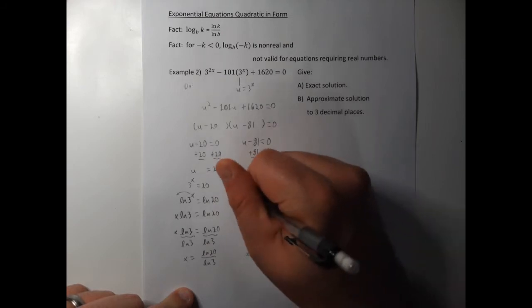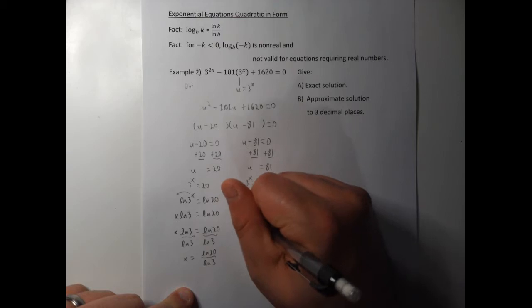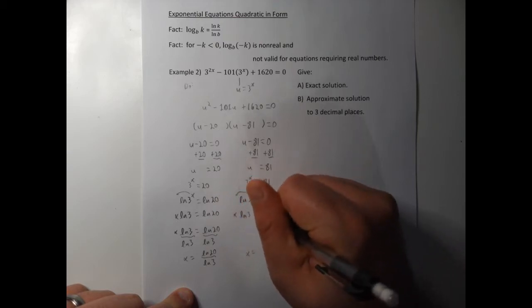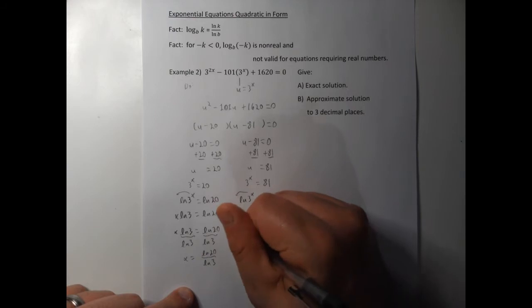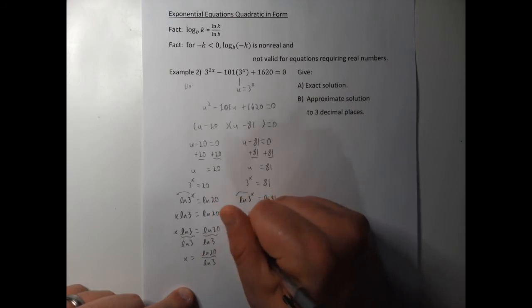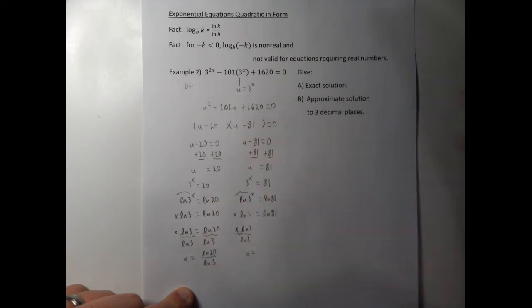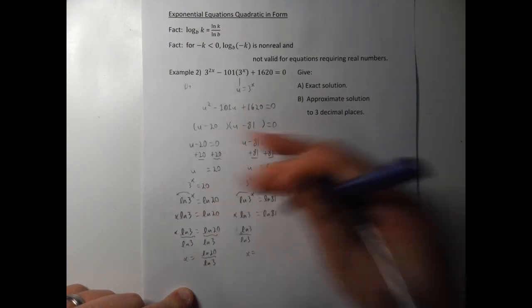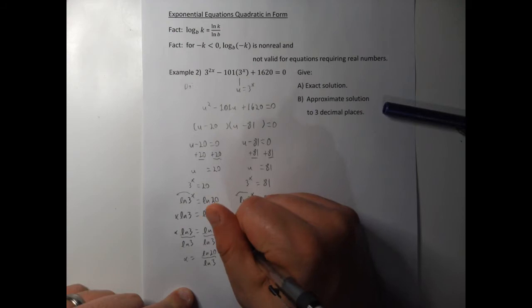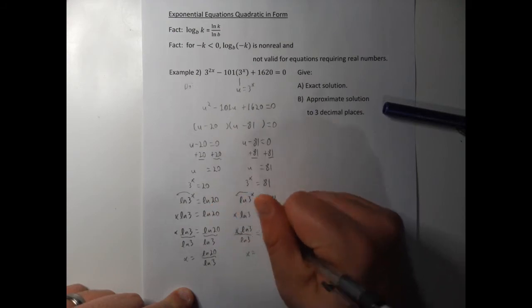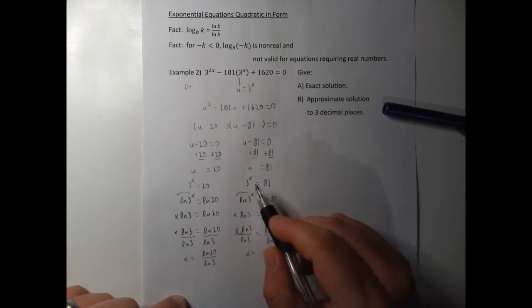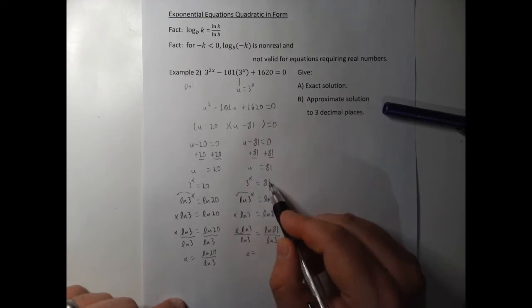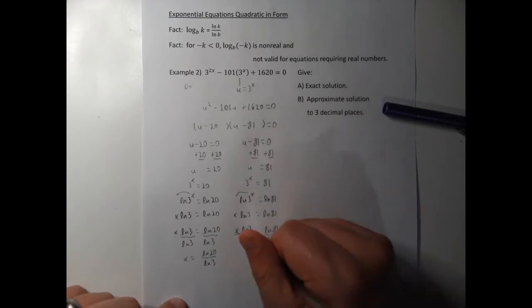The x goes to the front, and I have x natural log of 3 equals the natural log of 81. And I'll divide off the natural log of 3. As I said, 3 to the 4th is 81, so x has to equal 4.